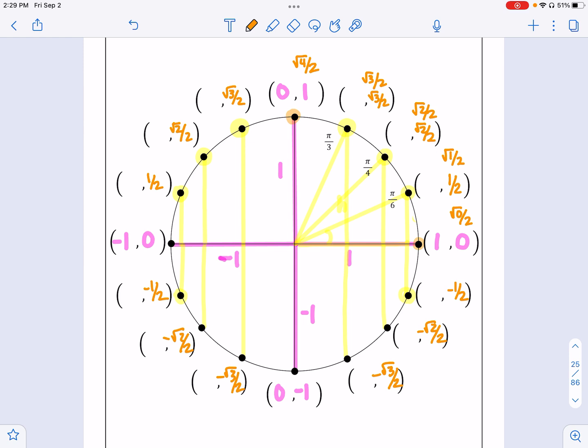Okay, so I'm going to attempt to erase these yellow lines without erasing the orange. And then we're going to talk about cosine. So when we're thinking about cosine, and we think about triangle trig that we know and love, we know that cosine is referring to adjacent over hypotenuse, SOHCAHTOA.